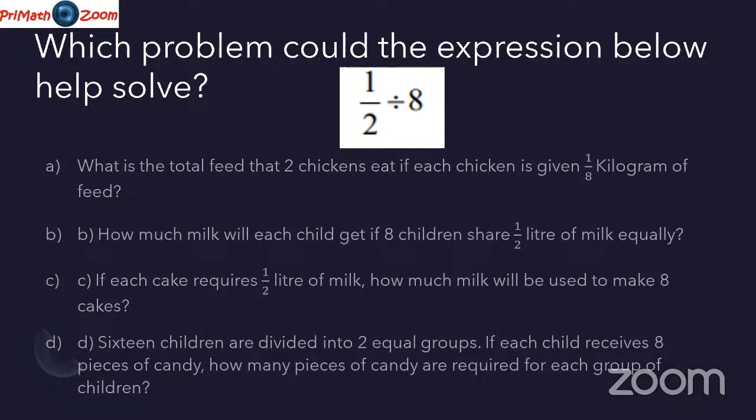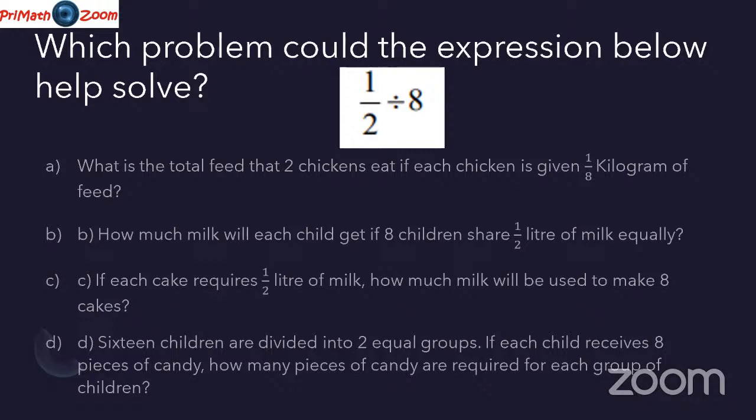So we first have to decide how many pieces of candy 16 children receiving 8 pieces each would have in total. Go ahead and type your response in the chat. How many pieces of candy will there be in all?